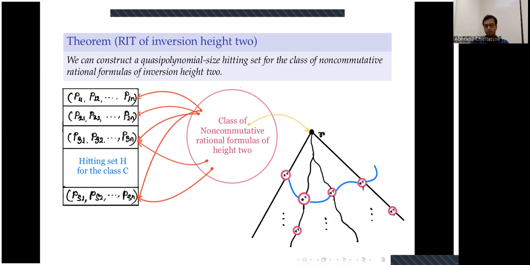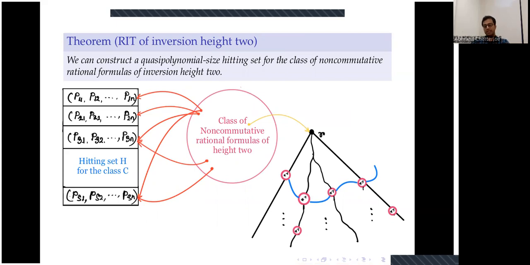Let us go over the statement carefully. So suppose we are given a class of non-commutative rational formulas of size s of inversion height 2. What does it mean? Take any formula, take a tree structure where the nodes are labeled by addition, multiplication, and inverses, and it is promised that you are not using more than s many basic operations, additions, multiplications, and inverses. And it is also promised that in any leaf to root path, you will not see more than 2 inverses.